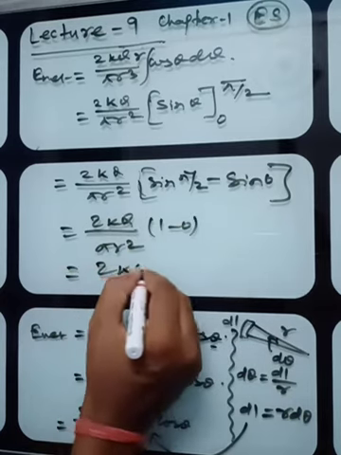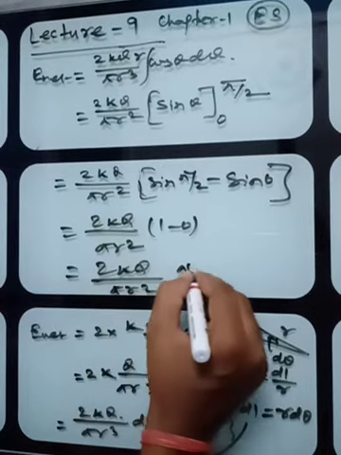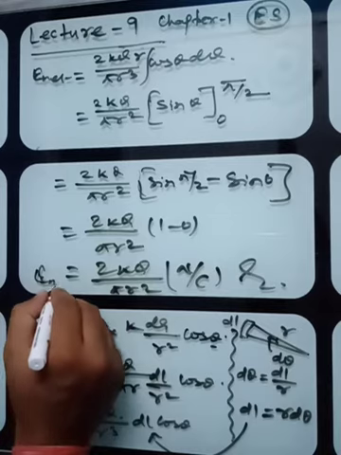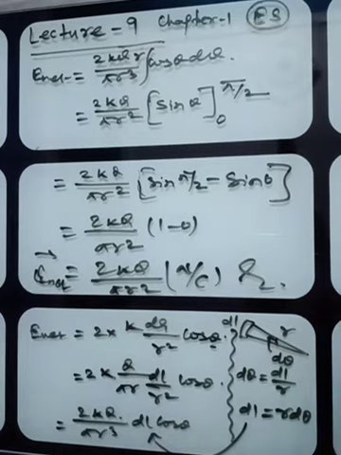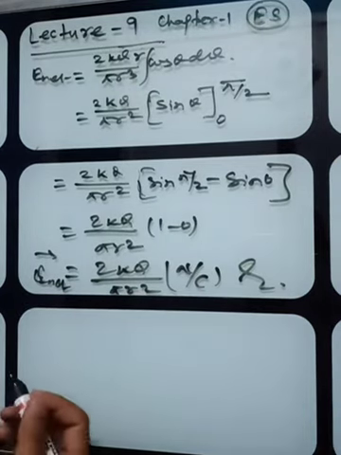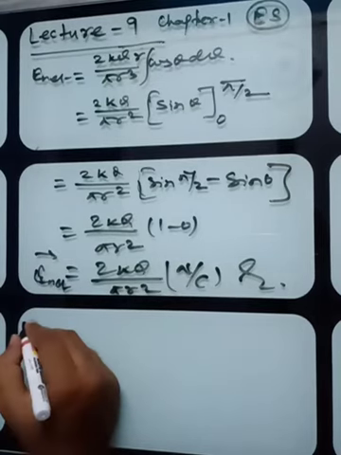Overall, 2kq by pi r square newton per coulomb. This is the answer. You can convert this answer in terms of lambda also. Lambda is the charge per unit length. Okay, students.